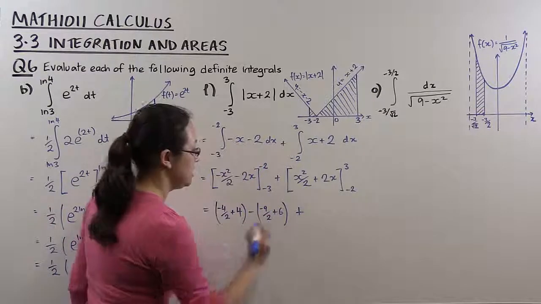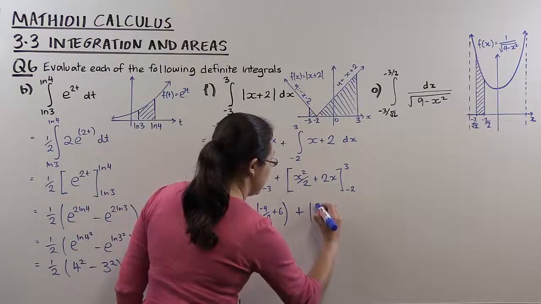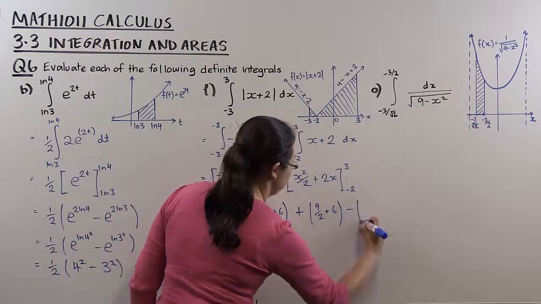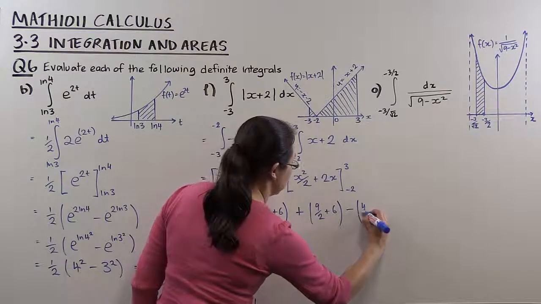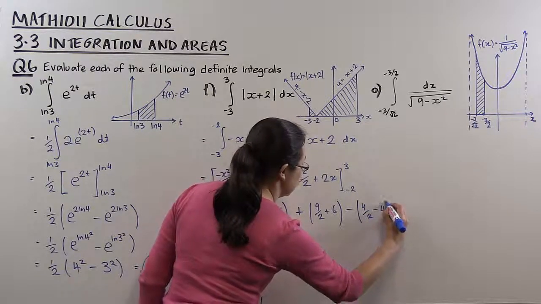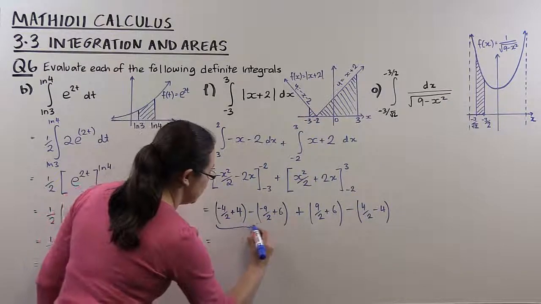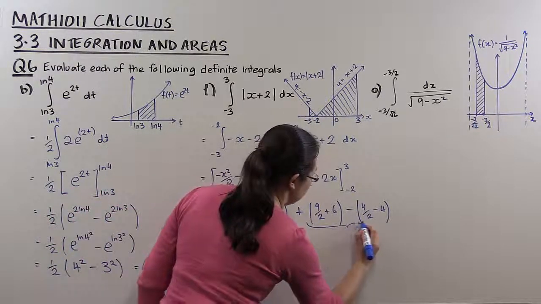And over here, I will have a 9 on 2 plus a 6, and I will subtract a 4 on 2 minus a 4.